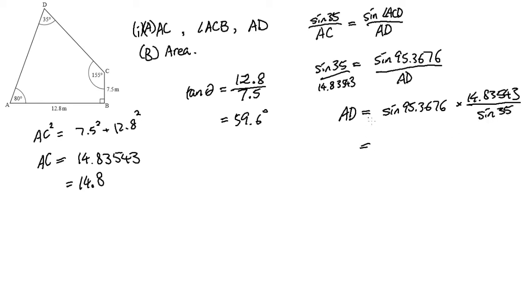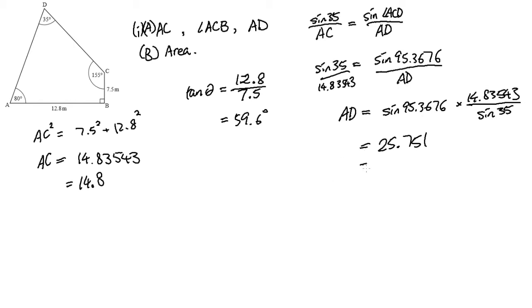And all it's left for us to do is just type in all our values. So 14.83543 divided by sine of 35 gives me 25.751. That's AD.